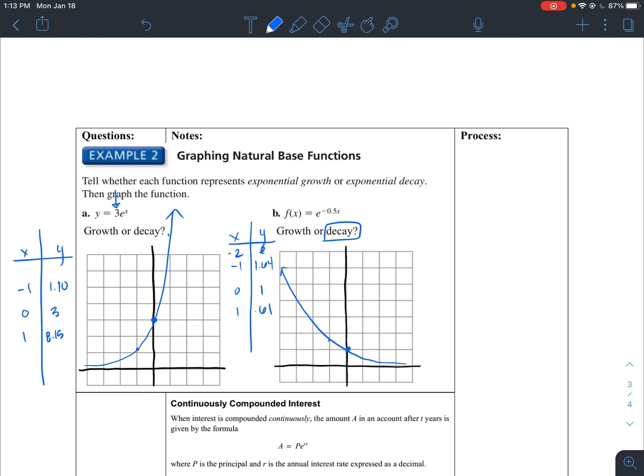Okay. Now, if you want to define a process here, then you should know that if there are no vertical or horizontal shifts, the y-intercept is the coefficient.